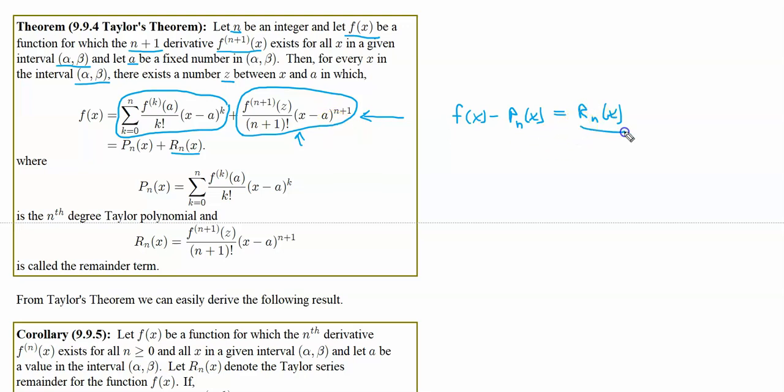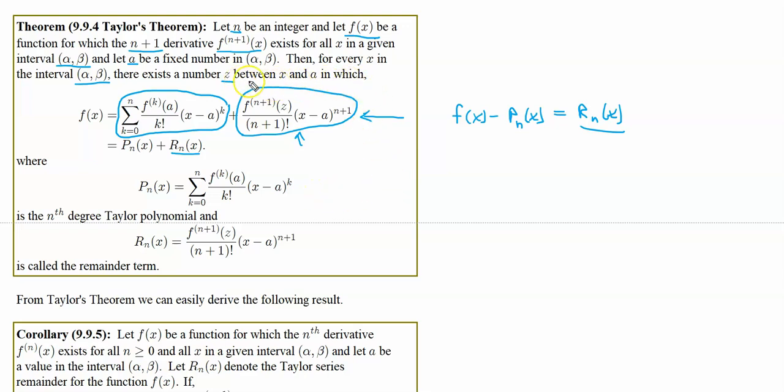So this represents the difference between f and the Taylor polynomial. So we can think of this as being like an error term between f of x and your nth degree Taylor polynomial. Okay, so that is the formal statement of Taylor's theorem.